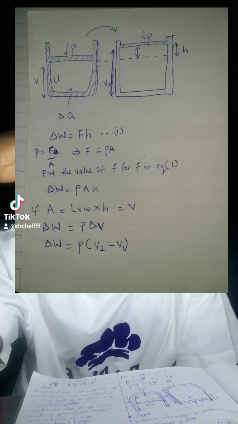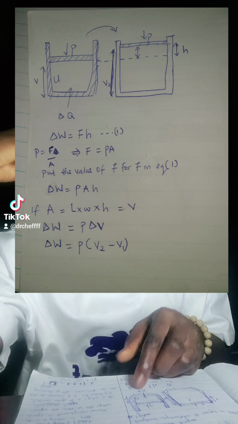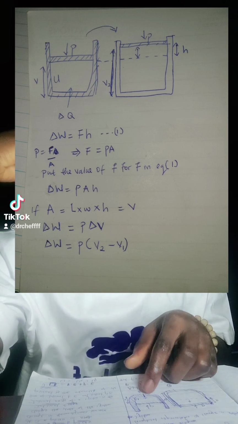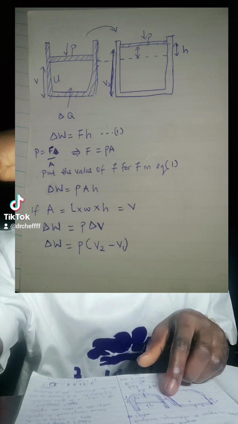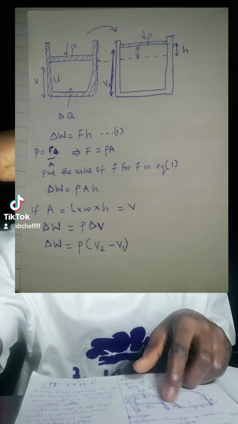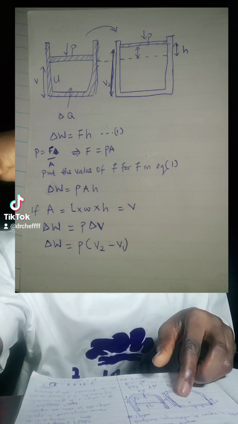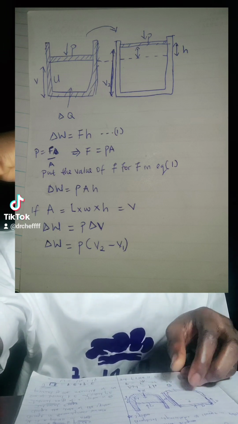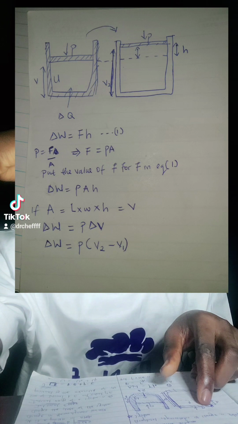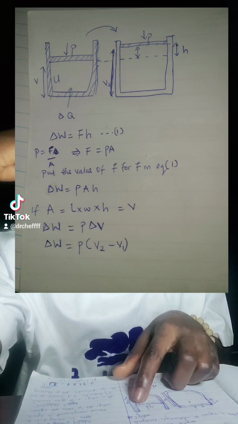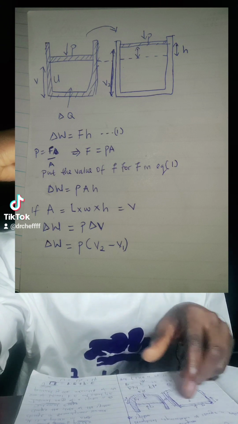Okay, so when heat is applied, the change in Q, delta Q, the volume changes, right? It increased. The internal energy also increased, right? And then the pressure, there is a shift from here to here.